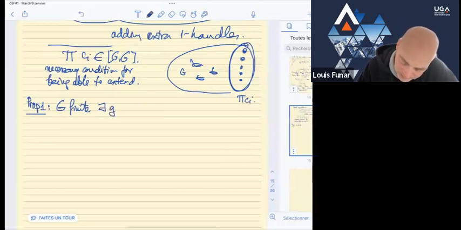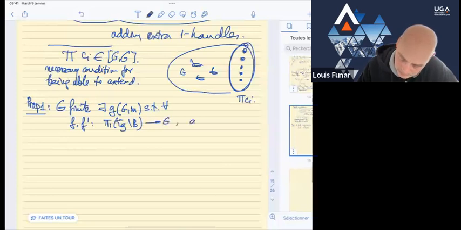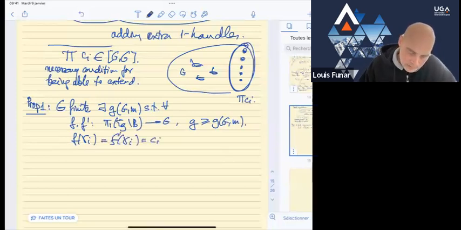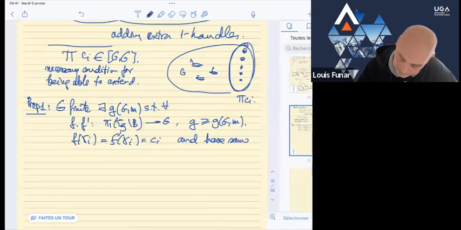There exists g depending on G and M such that any two surjective maps F, F prime from pi 1 of sigma g minus B into G, with g bigger than our lower bound, such that F of gamma i equals F prime of gamma i equals Ci and have the same Schur classes, which belongs to, as I said, H2 of G and C.